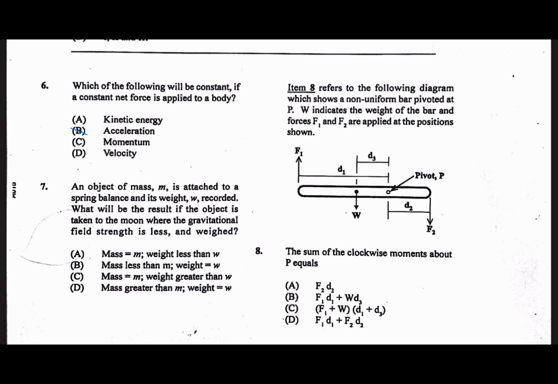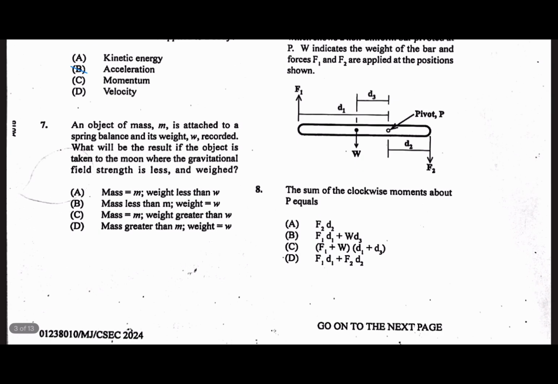Question 7. An object of mass m is attached to a spring balance and its weight w recorded. What will be the result if the object is taken to the moon where the gravitational field strength is less and weighed? Number 1. Mass is the amount of matter in a body or object. That never changes. So immediately, B is wrong and D is wrong.